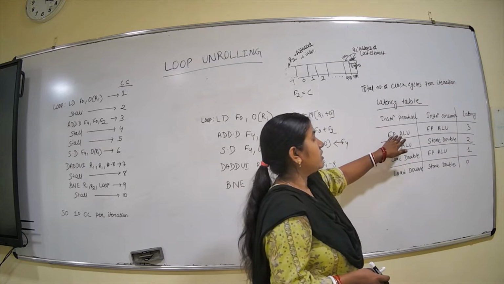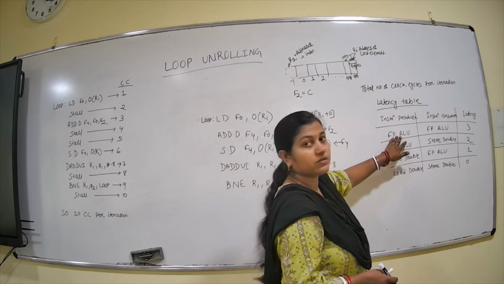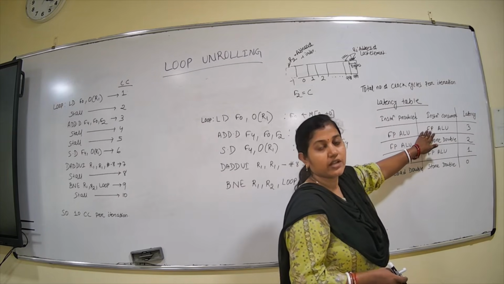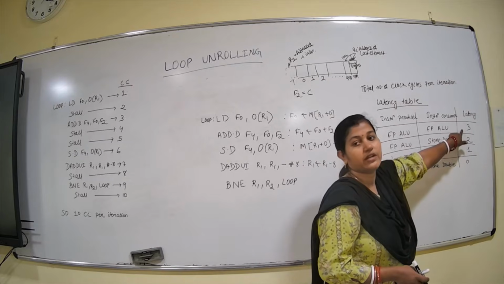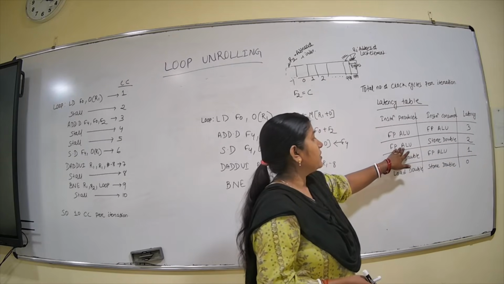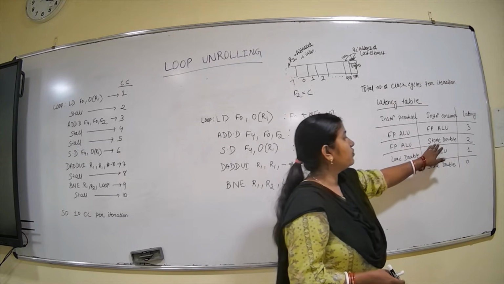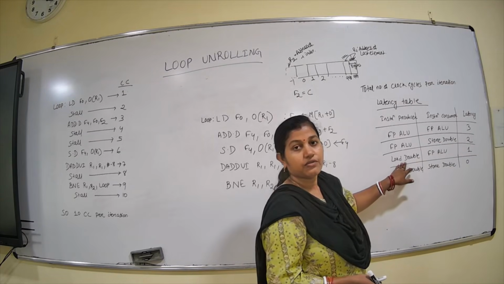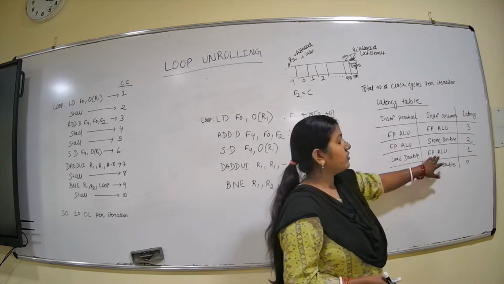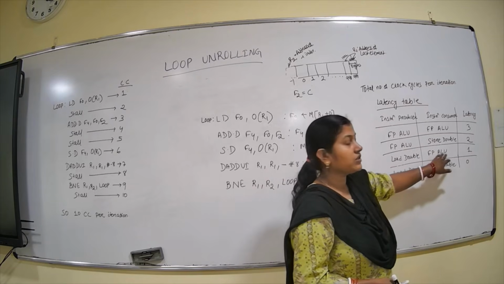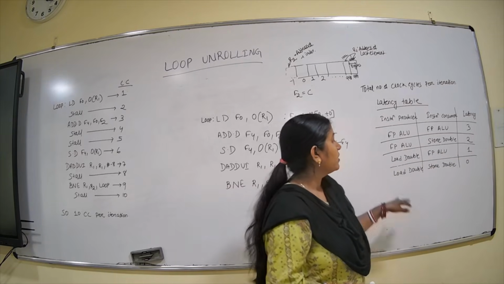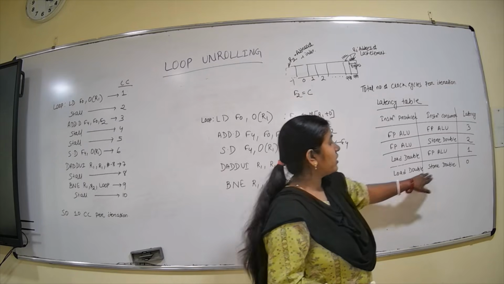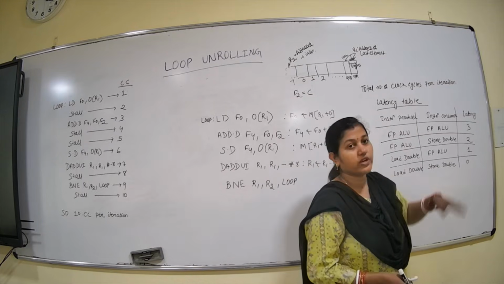If an ALU instruction produces a value and that value is used by another ALU instruction, then there is a latency of 3. If the producer is ALU and the consumer is store, then the latency is 2. If the producer is load double and the consumer is an ALU operation, then the latency is 1. If the producer is load double and the consumer is store double, then there is 0 latency.